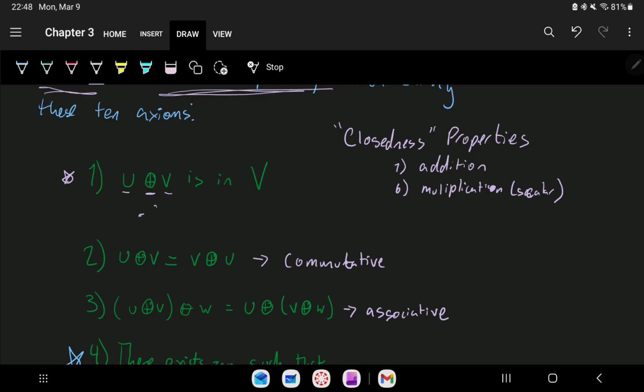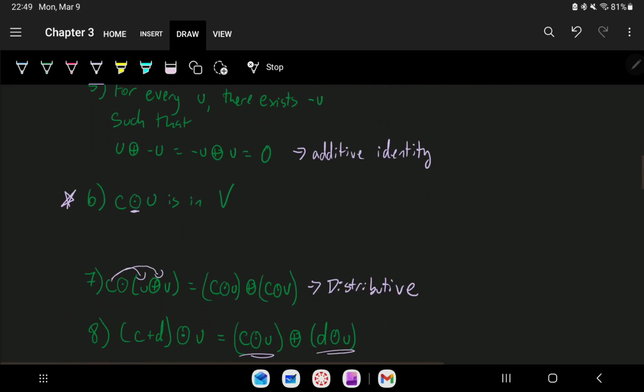So this one is closed under addition. And similarly, if you multiply any scalar by a vector in V, the output of that must also be in V. This is closedness, or closed under scalar multiplication.